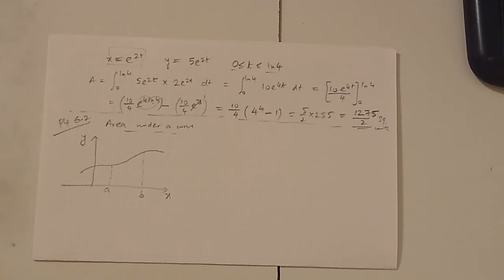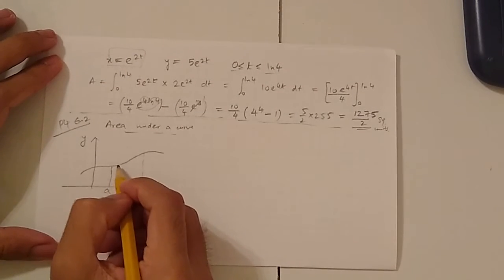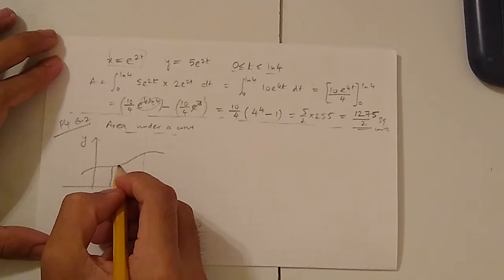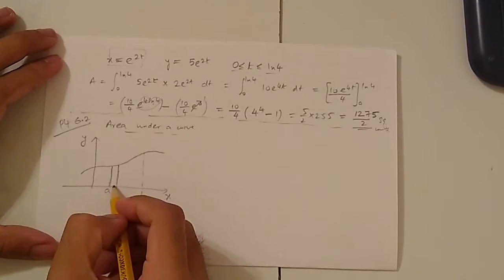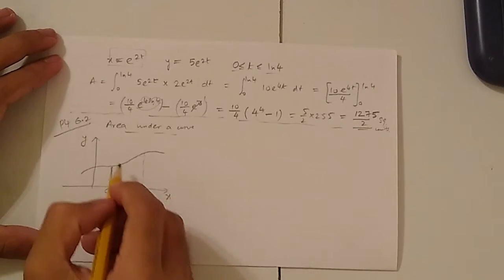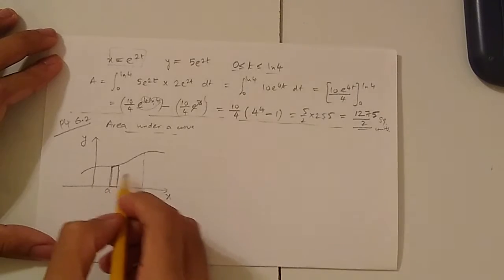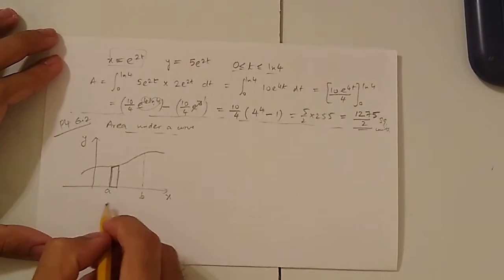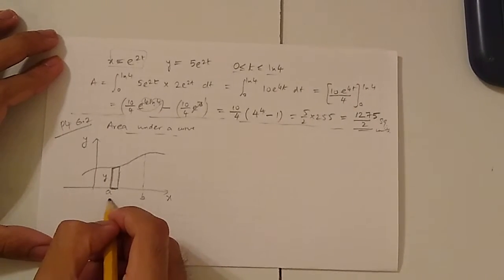So what you can do is construct a small strip. This is how you did the derivation back in P2. This strip, even though it's not exactly a rectangle, you can assume it to be a rectangle with height y, and its width is going to be delta x.